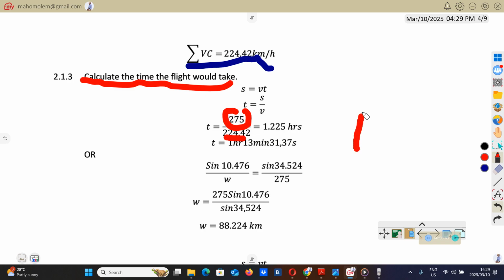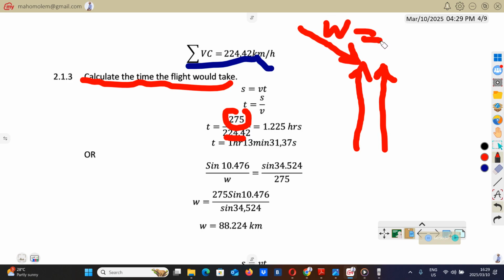So if you use the vertical distance, you must also use the vertical speed. If you want to use the speed in this direction, which is the speed of the wind, that speed of 72, it's still fine, but you must get the distance in this direction.